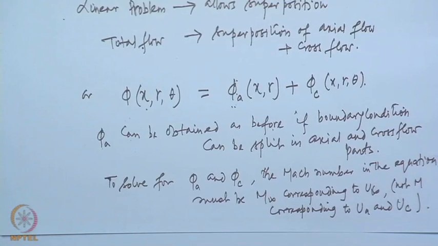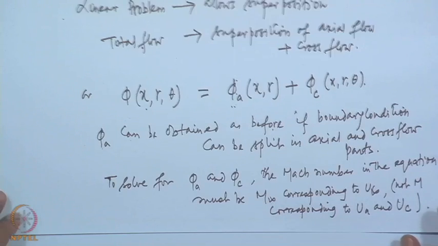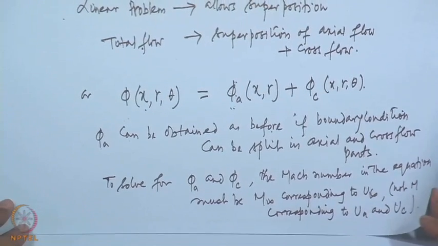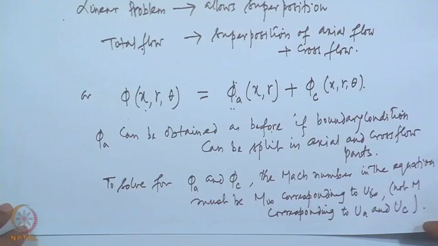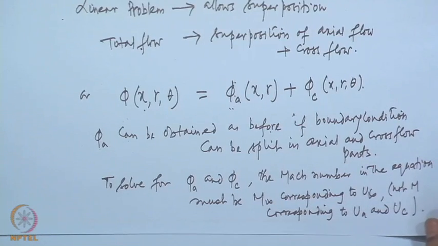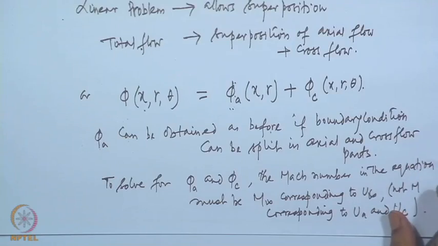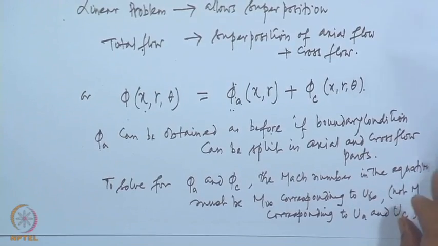That is, while solving, the velocity should be taken as u a or u c, but the Mach number must be taken as m infinity. That is because the nature of the entire flow is governed by the free stream Mach number m infinity, not by the part Mach number.